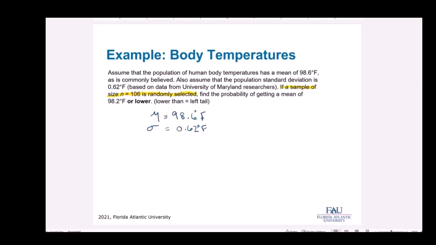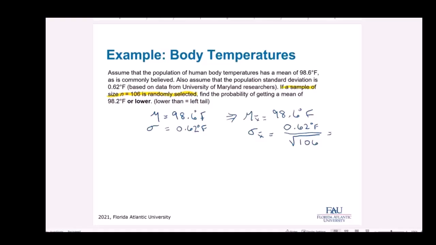First, let's figure out what we need. We need our mu sub x bar, which is the same as our mu. But our sigma of the mean of the sample is equal to 0.62 degrees Fahrenheit divided by the square root of n, and n is 106.